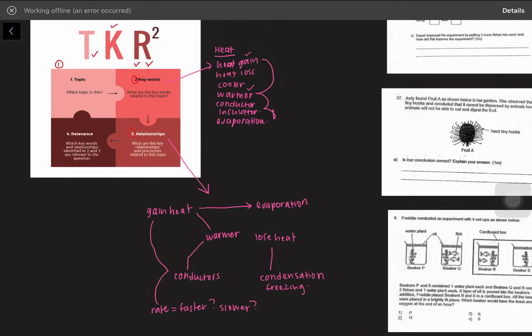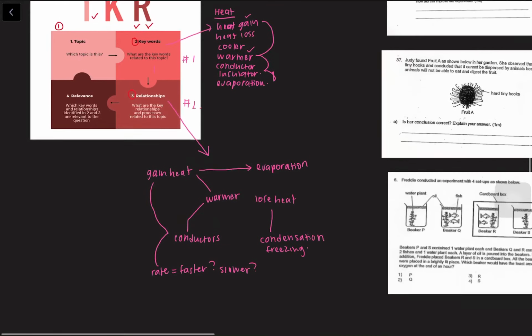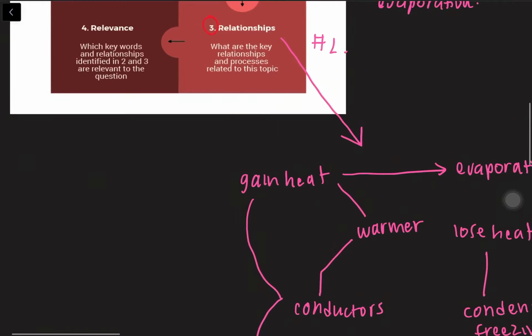For you to come up with the relationships, you firstly need to have this one first, and then you do this. However, step 2 and step 3 must already be in your head when you do your revision. So the purpose of your revision is to make sure that you already know about 2 and 3 when you sit for your examination. It cannot be the case that you don't know your 2 and 3 before you sit for your exams.